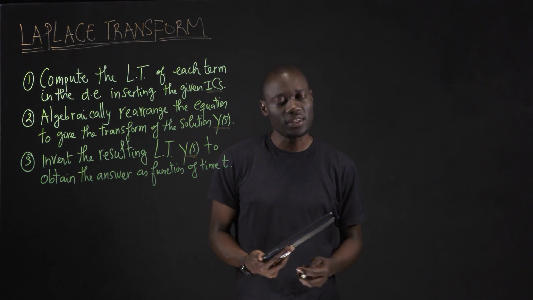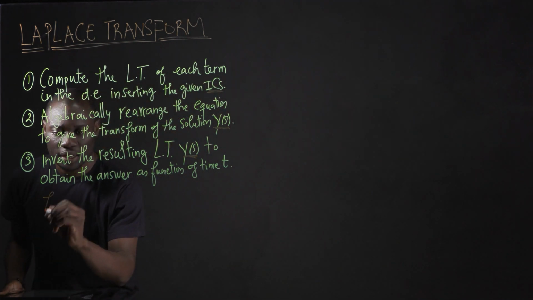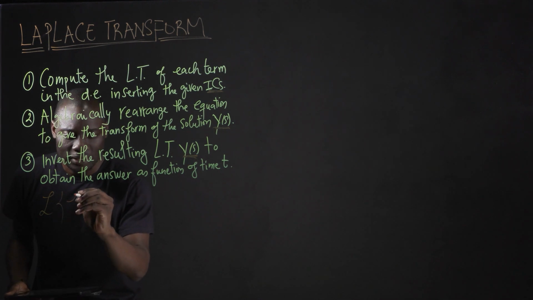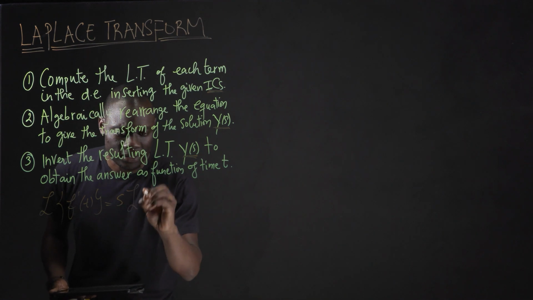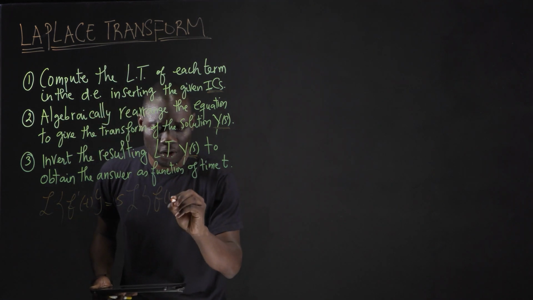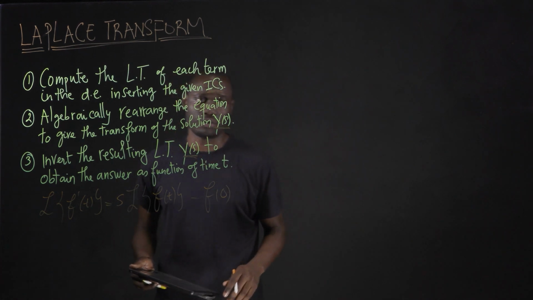time. Now, remember that in the previous video, we showed you that the Laplace transform of the first derivative of a function equals s times the Laplace transform of f(t) minus f(0).